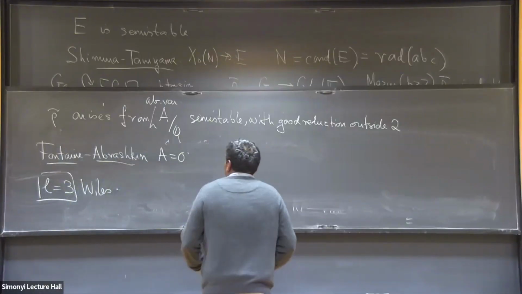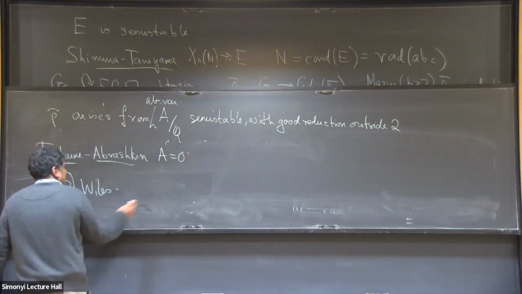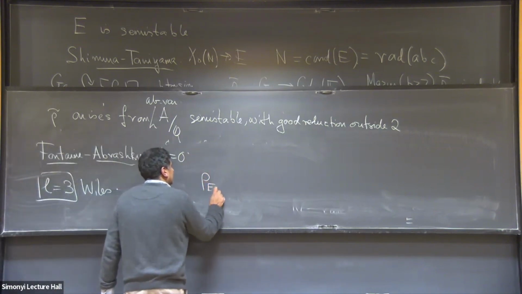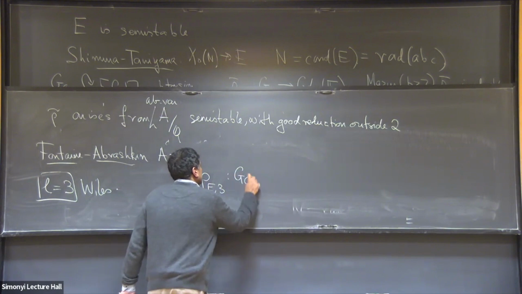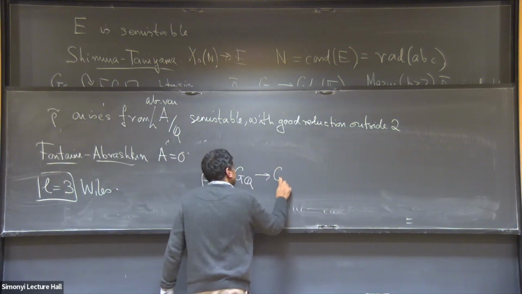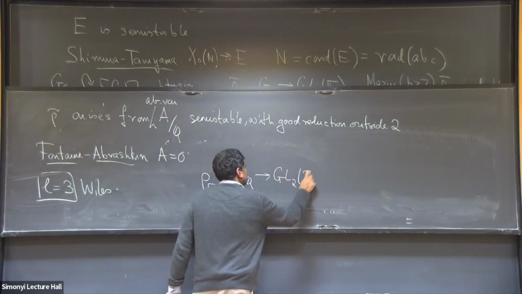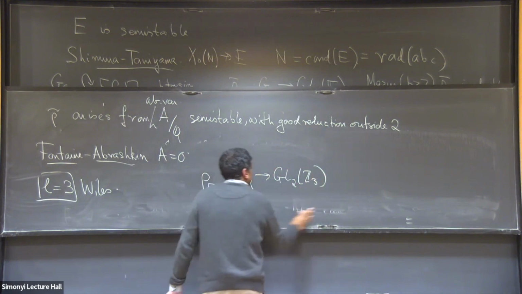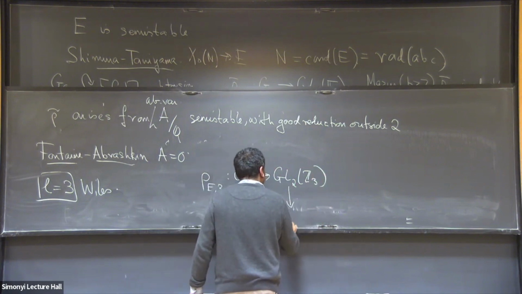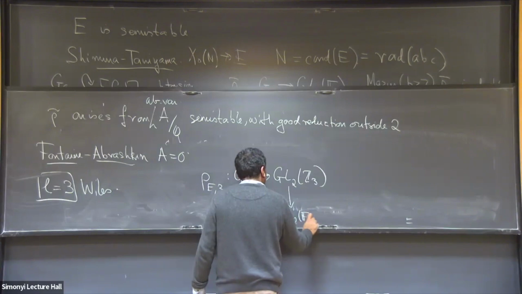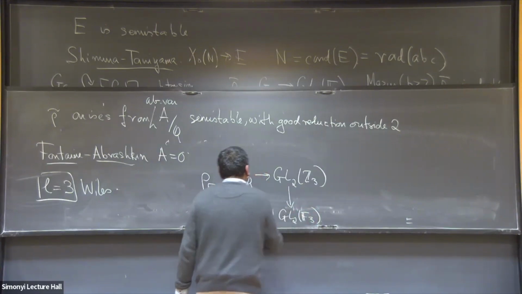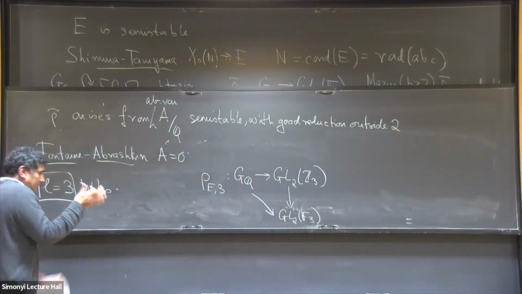On the other hand, if you work with L equal to 3, then you look at rho E3, the triadic representation. There somehow you're in luck: you reduce this representation mod 3, and then the representation has small image. Again, there are a couple of steps in this.